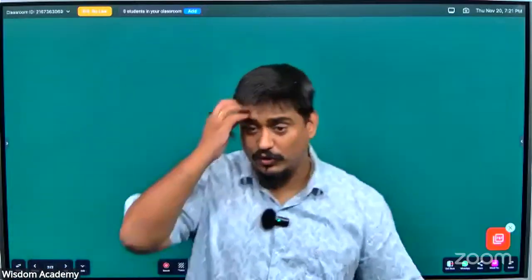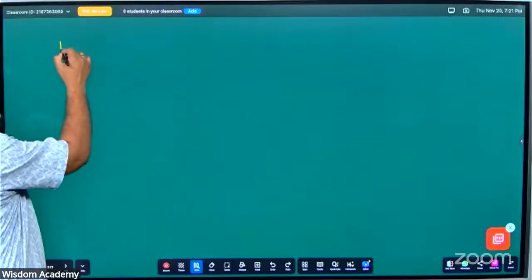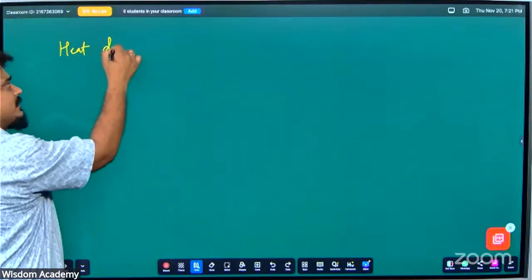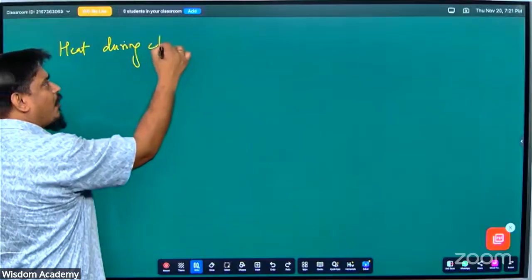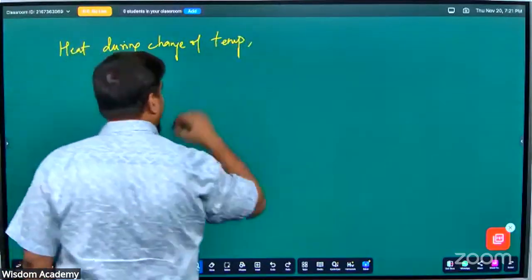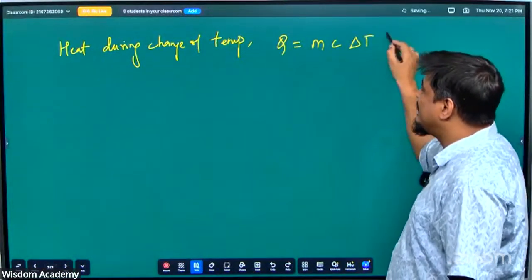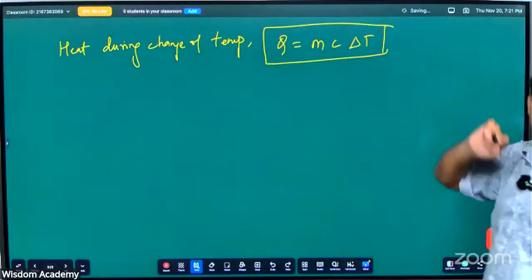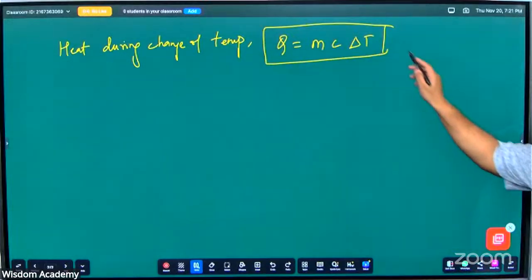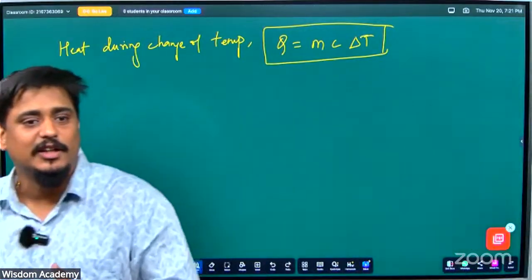Okay. So the formula is, if you want to find the heat during change of temperature, then the formula is Q is equal to MC delta T. In the last class itself, I told you this thing. This formula is used whenever you want to find the heat energy required to change the temperature.